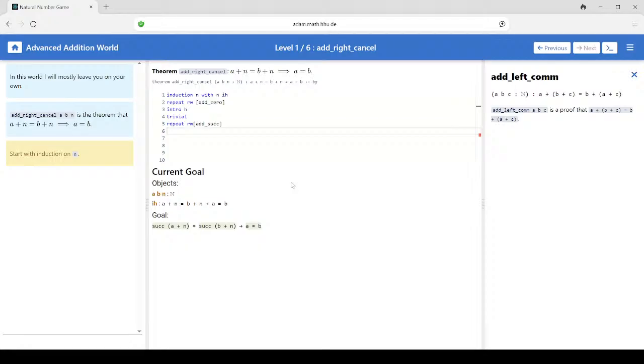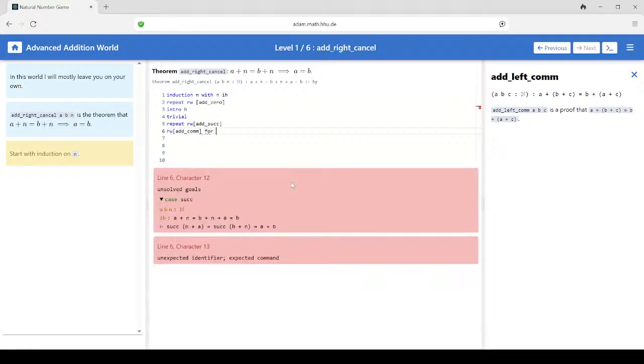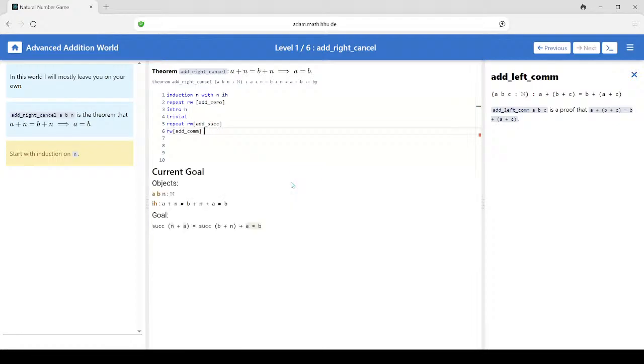I don't think that's the way. Wait, how do I do that?